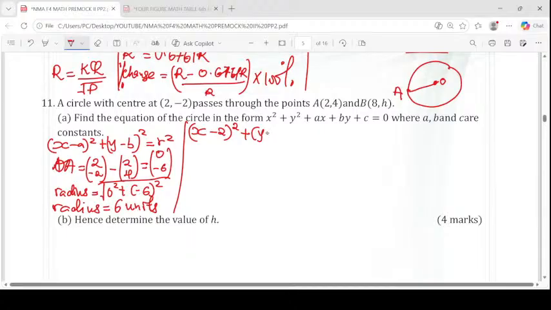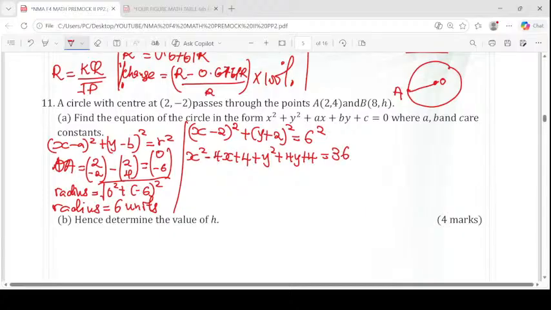It will be like saying y plus 2 squared should be equal to 6 squared. So this becomes x squared minus 4x plus 4 plus y squared plus 4y plus 4 is equal to 36.